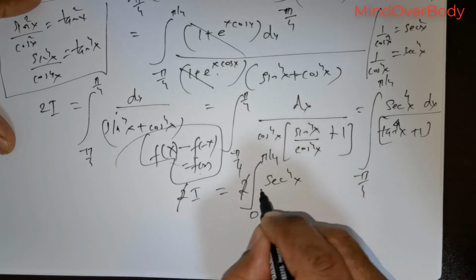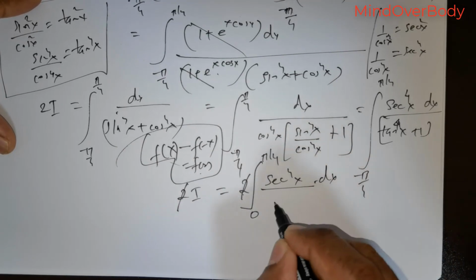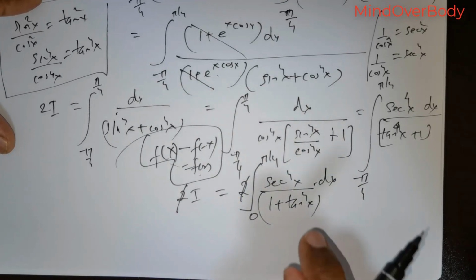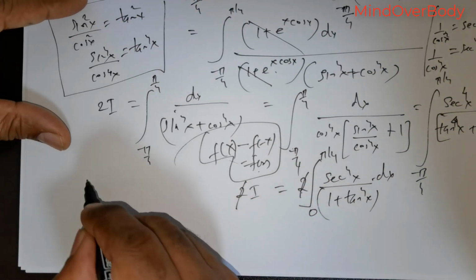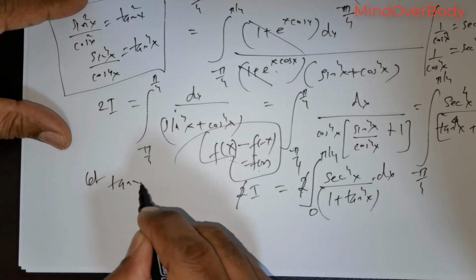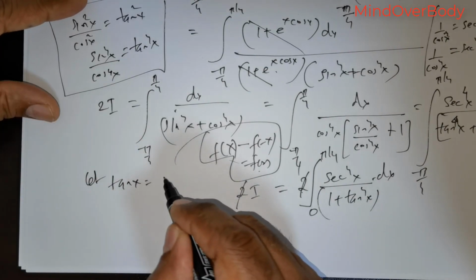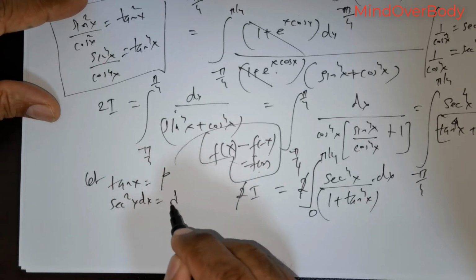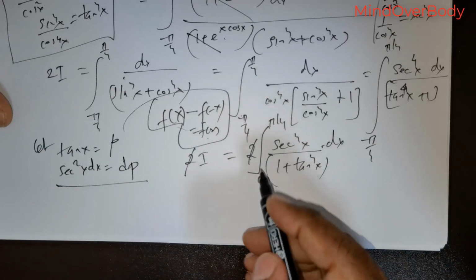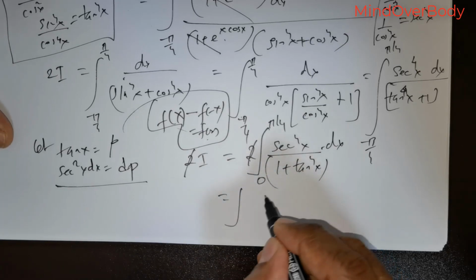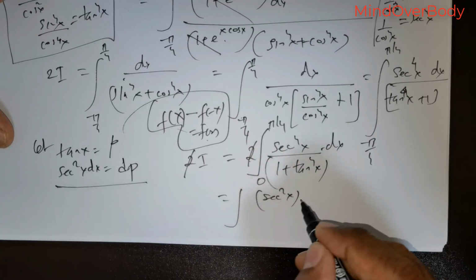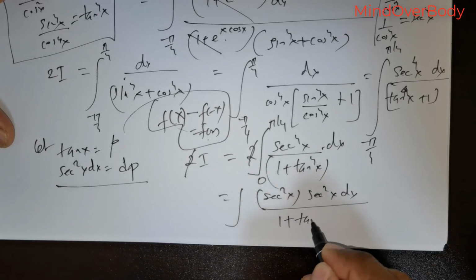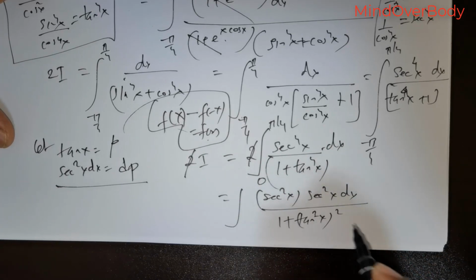What is that? Secant^4 x times dx divided by 1 + tan^4 x. Now I would like to make a substitution. What is the substitution? Let me take tan x to be equal to some p. I differentiate, I get secant squared x dx is equal to dp. So I will rewrite this as the integral of secant squared x times secant squared x dx divided by (1 + tan squared x) raised to the power of 2, right?